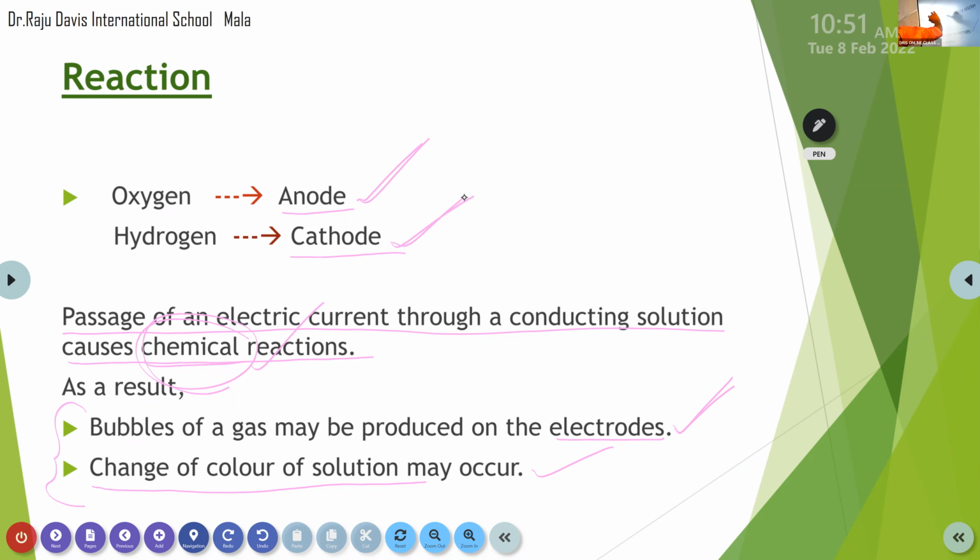In the case of water, which bubble can we observe at the anode? Hydrogen or oxygen? Oxygen bubbles. Okay. Anode, oxygen, and the cathode is hydrogen bubbles.